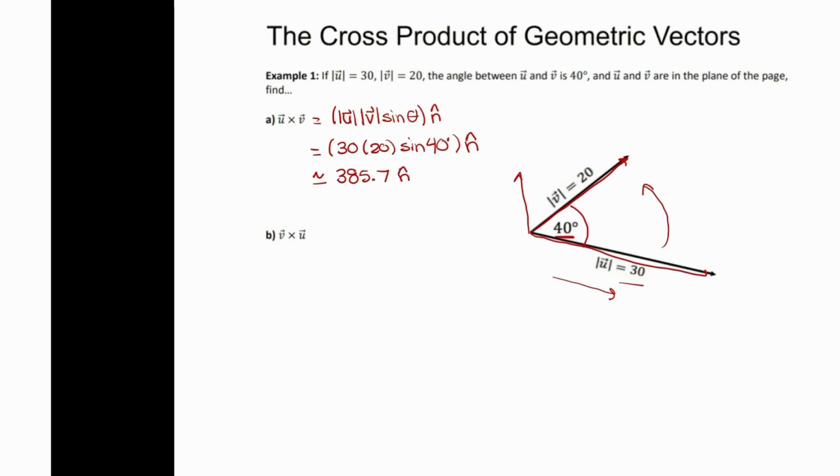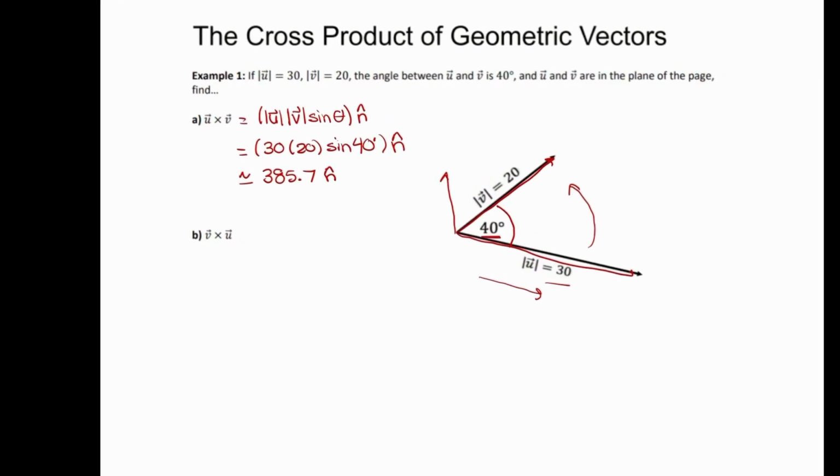Now, if we want to reverse it and do v crossed with u, our direction is now into the page. So now we're going the other way. I'll do this in a different color. Now we've got our fingers running along V, and we are curling our fingers towards U. The only way that I can do that, unless maybe you're super double jointed, is if my thumb is now pointing into the page.